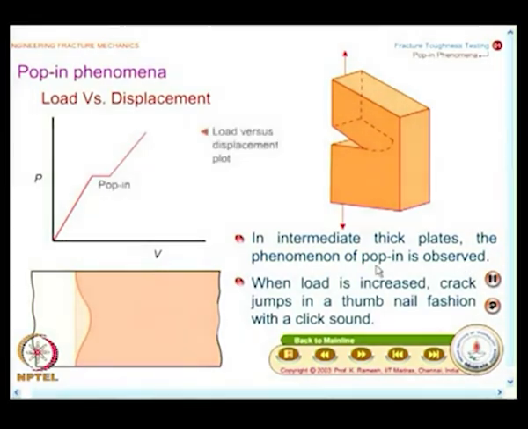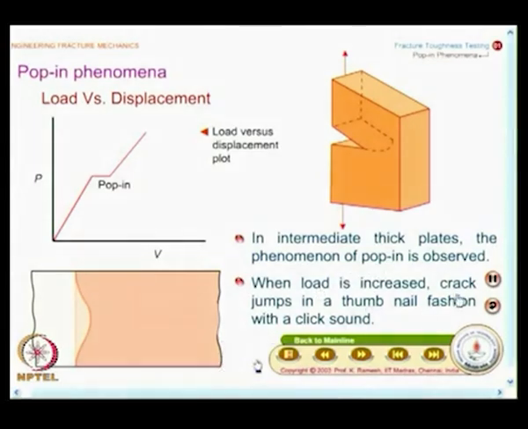Have you heard a click sound? What you find is the crack has advanced as a thumbnail, and this is observed in intermediate thick plates, and we need to find an explanation whether such a thing is possible with our understanding of G and R. I would repeat the animation, you listen again carefully.